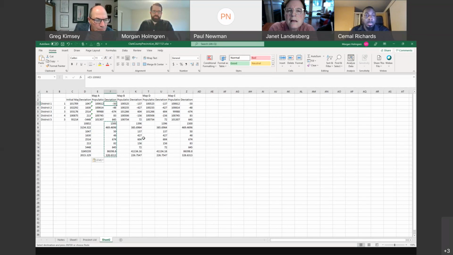So that's the deviation, and then would you highlight K3 as well? Then the same thing. Right, so it's the same target for each map.